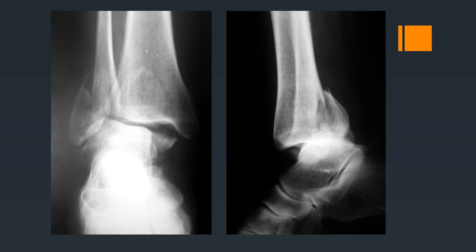On the lateral view, we can see that there is a fracture of the posterior edge of the tibia, and we have a subluxation of the foot to the posterior side. That is your final diagnosis. We have a 3 malleolar fracture with a subluxation of the foot to the lateral side and posterior side.